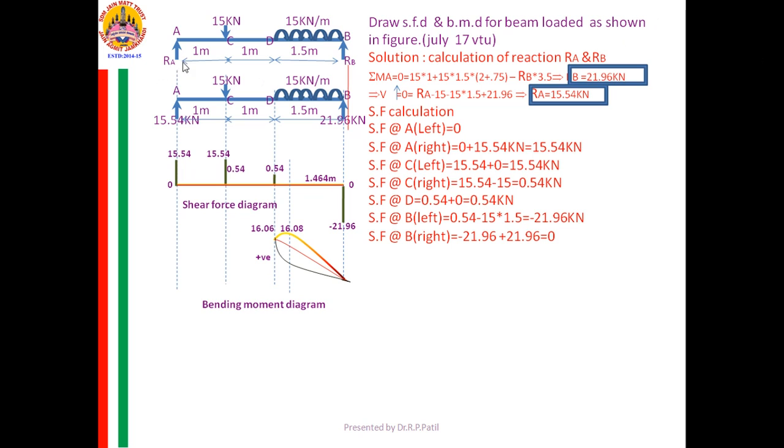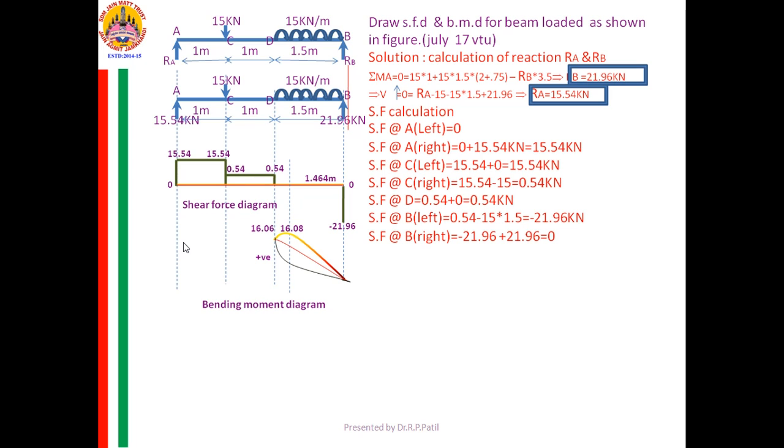See, between A and C, no loading means SF will be a parallel line. Just join it by means of a straight line. Like that, between C and D, if you observe the load diagram, no load, again join it by means of a straight line.